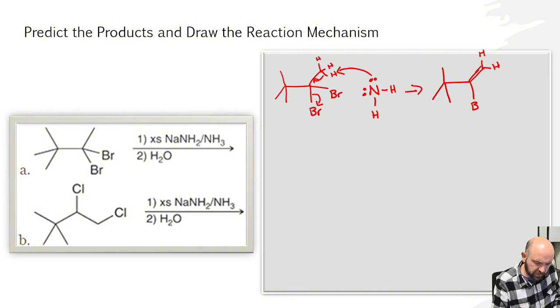Let me show the loss of the leaving group there. Then I'll come down here and redraw that, and show the second elimination.